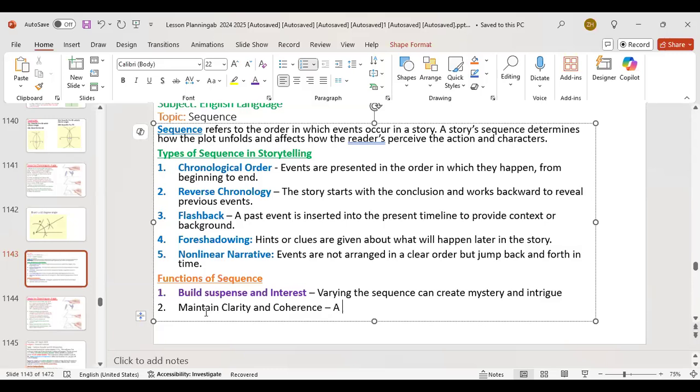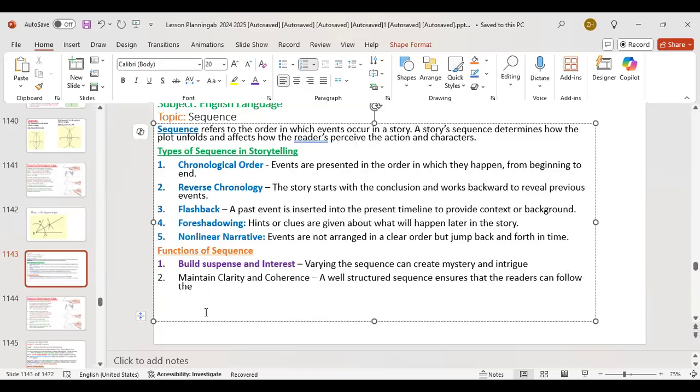A well-structured sequence ensures that the readers can follow the what? The plot. Okay. So it's there to maintain clarity and coherence.